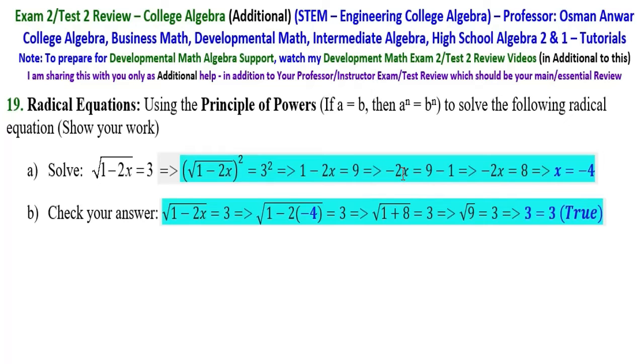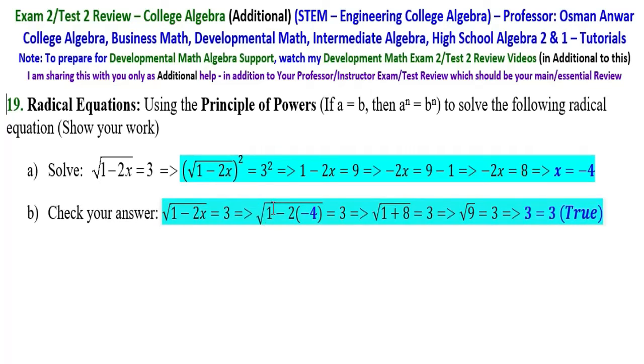That is minus 2x equals 9 minus 1. That is minus 2x equals 8. That means x equals minus 4. Now notice when you square both sides, you have changed the equation. So now you have to check the answer is true. So that is square root of 1 minus 2x equals 3.